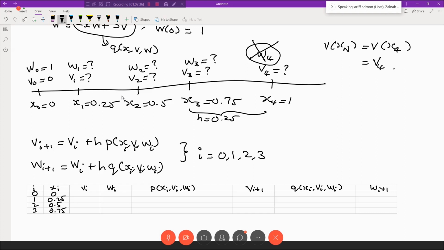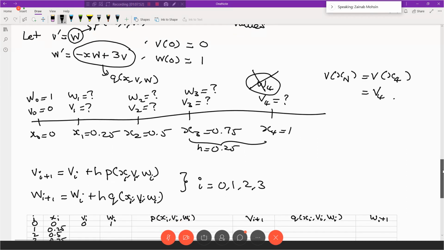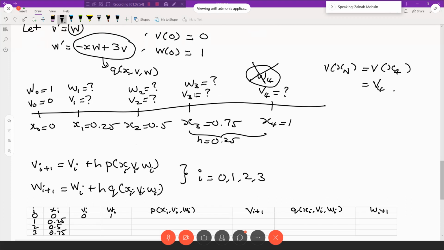Your V0 should be 0 and W0 is 1. So P is always equal to W, so once again this is just similar. So you put 1.